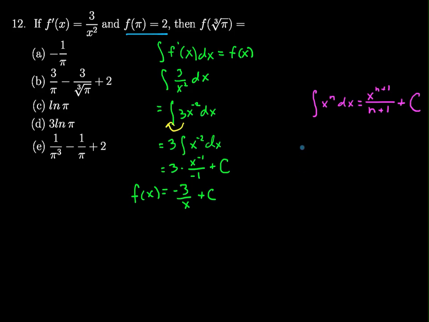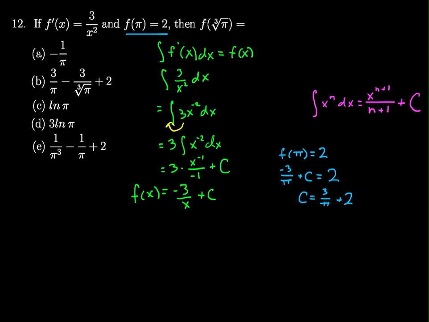So we know that f of pi has to equal 2, but we also know f of pi has to be this negative 3 over pi. So let's use that information: negative 3 over pi plus c also has to equal 2. And from this, we can see that c, I add this 3 over pi to both sides, c must equal 3 divided by pi plus 2.